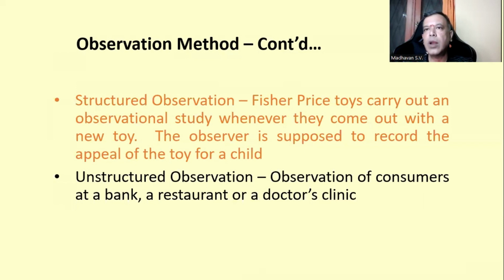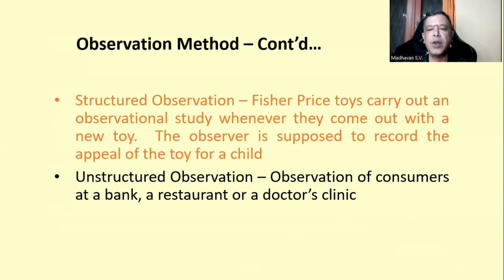He will see which children are entering that particular location and whether the children are getting attracted to the toy or not. That is his job. That is basically a structured observation. Why? Because the format he will be having will have predetermined questions. He has to only put ticks in that.